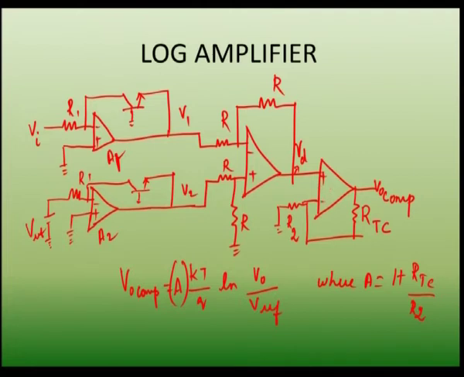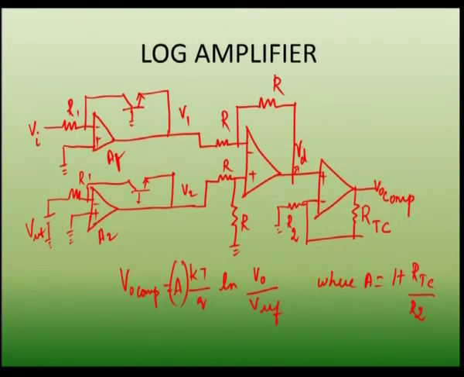The inverting terminal is grounded through the resistance R2. The feedback resistance is a temperature compensated resistor. If the temperature changes, the resistor value will also change, and so the effect produced by the temperature will be nullified by this resistance RTC.